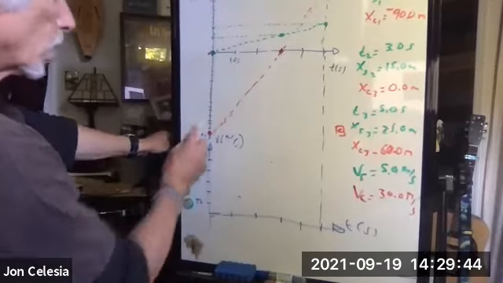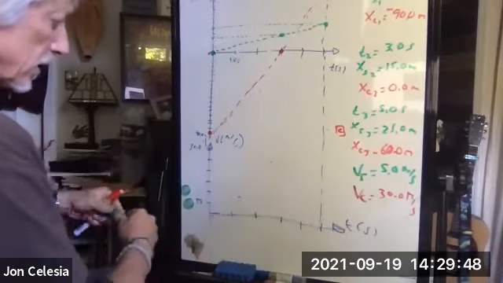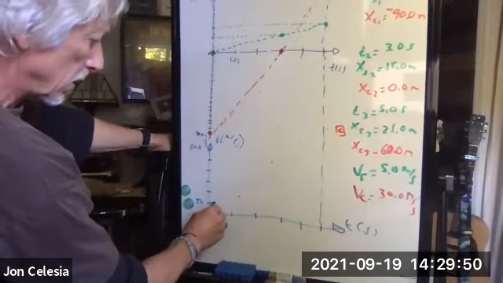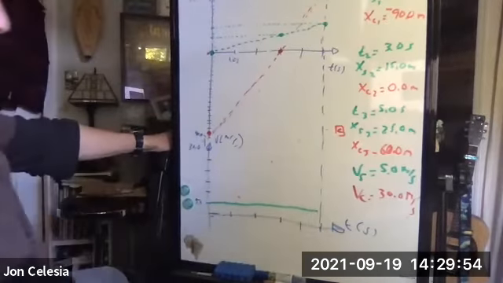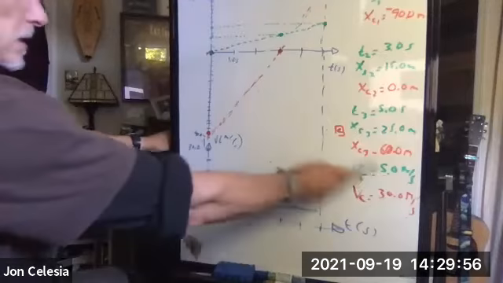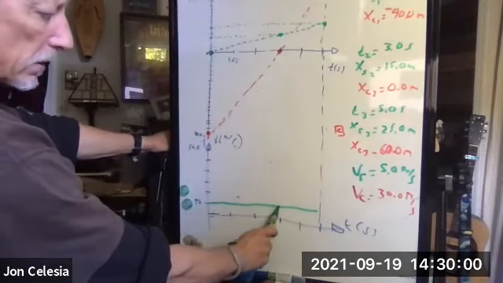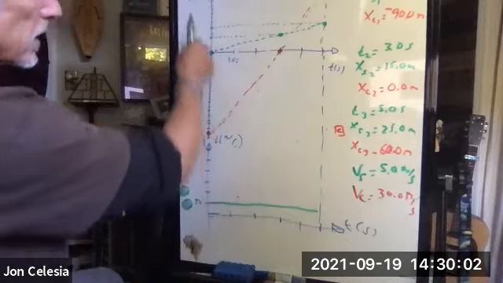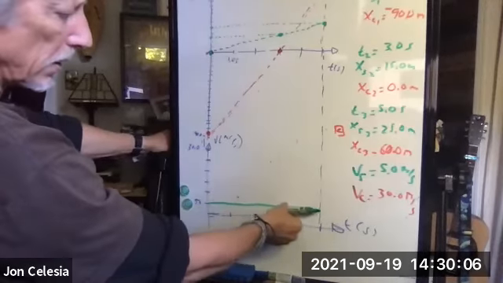Okay. And so her graph, her velocity the entire time is flat. It's constant. A constant velocity here is a constant slope. A constant velocity here is a flat line.